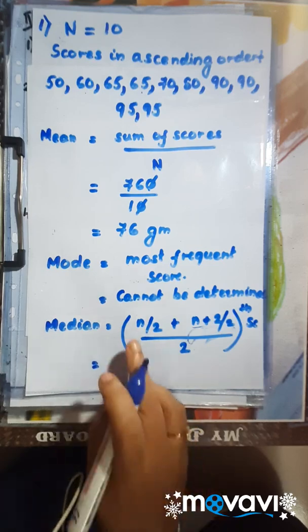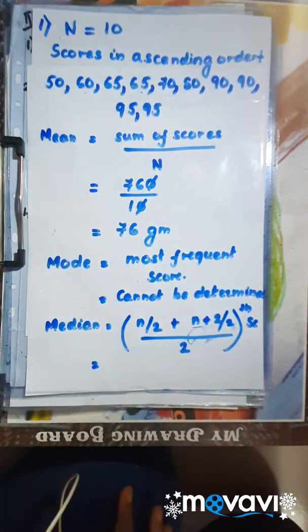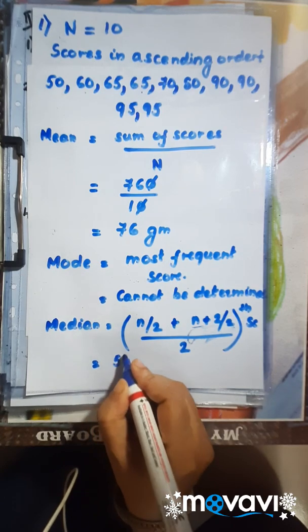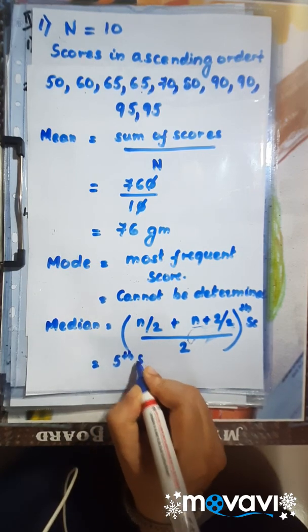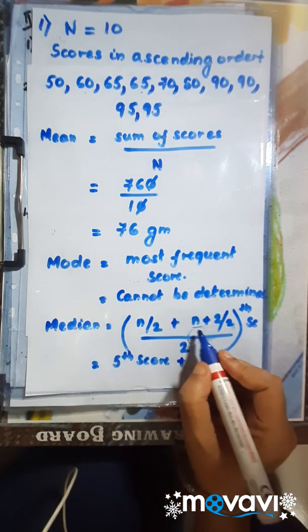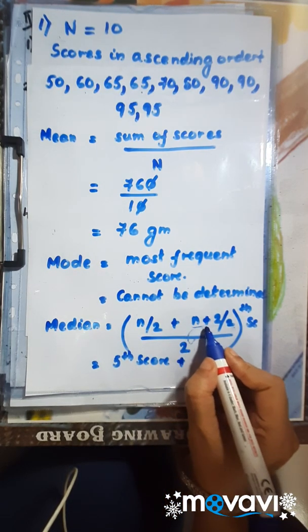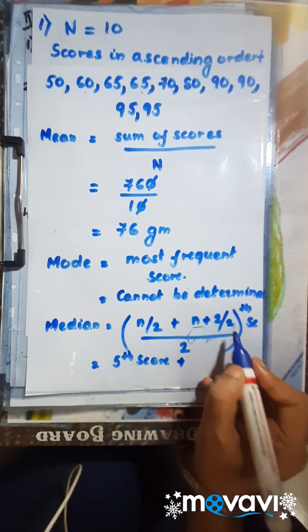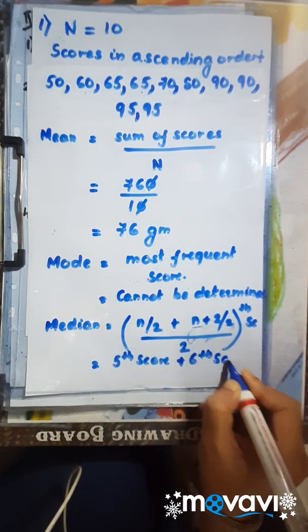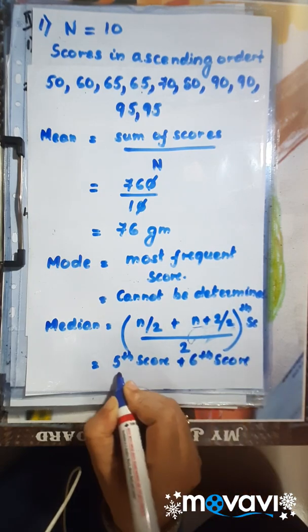Now let's find out what is n upon 2. How much is n? 10. 10 upon 2 means fifth score, not 5, the fifth score, plus n, 10 plus 2, 12 upon 2, sixth score.